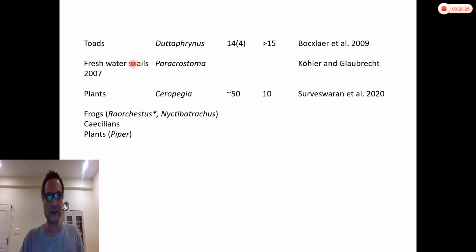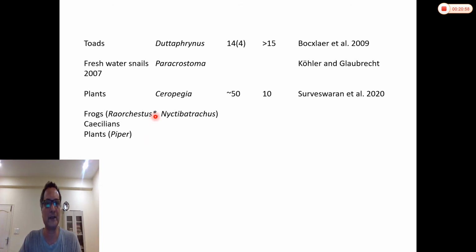Some more examples: toads, freshwater snails, plants. I already talked about the work done by Siddharth. And I've actually left out quite a few other papers here, so you should look up. More and more people are finding that there are these endemic radiations in India, which just goes to prove the point that India has been isolated for a while. It's like an island.